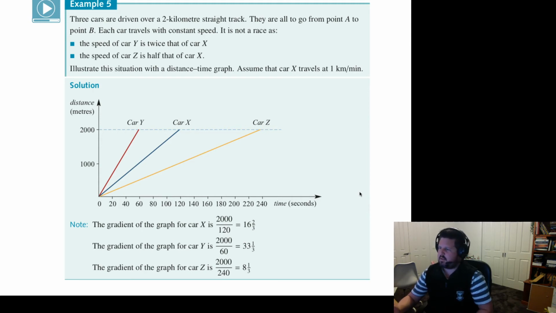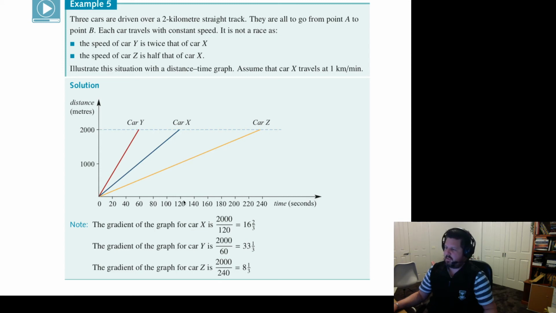To illustrate this situation with a distance time graph, assume that car X travels at 1 kilometer per minute. So the first one we want to sketch on the distance time graph is car X. 1 kilometer per minute is the same as 2 kilometers in 2 minutes.